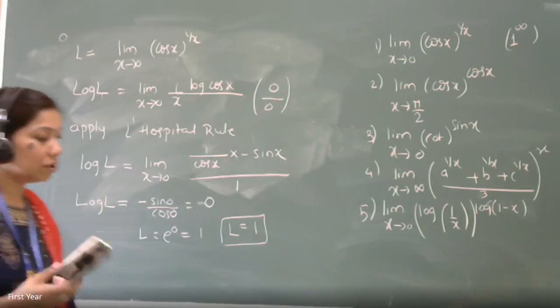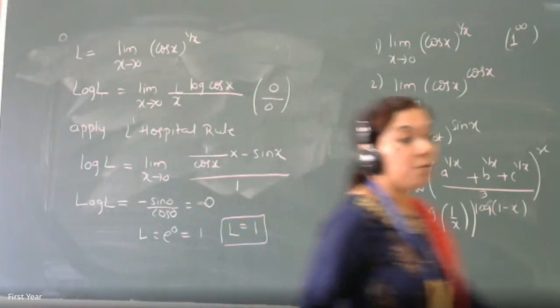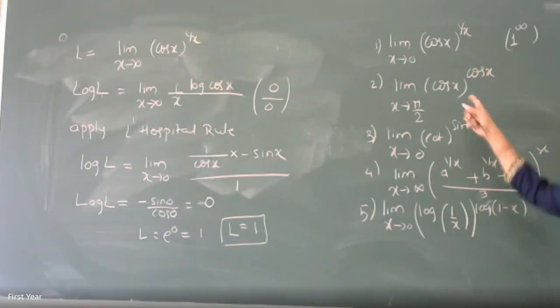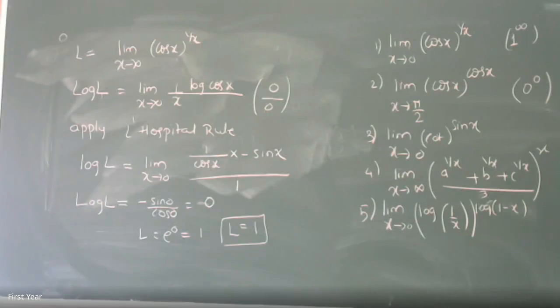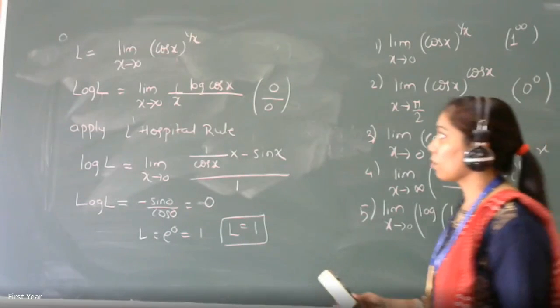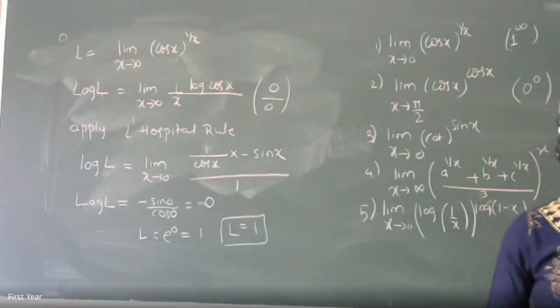I think that is also quite easy. You have to understand what the form of the second question is. 0 raised to 0. So try to solve that and tell me what the answer is. Everybody is getting the answer to be 1. Yes, ma'am. All have solved.